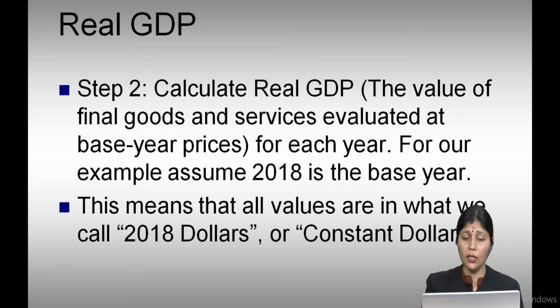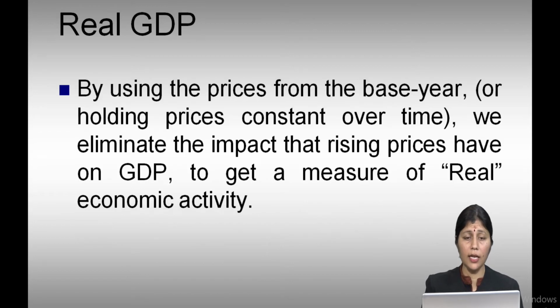So, this means that all values are in what we call 2018 dollars or constant dollars, because the values are constant for that time. That is why it is called real GDP. By using prices from the base year, we can eliminate the impact of price inflation and identify the growth rate of GDP in the market.